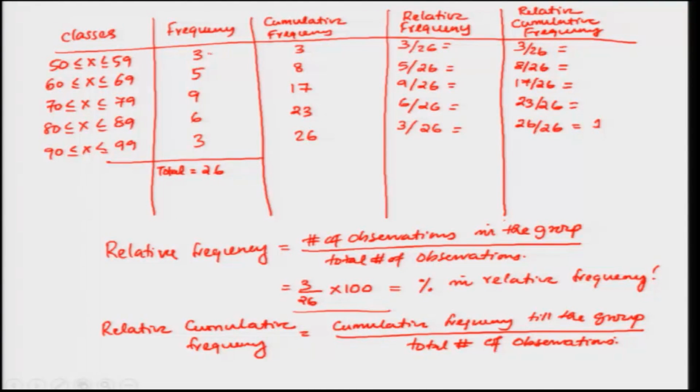It can also be converted to percentage. For example, 23 by 26 multiplied by 100 will give you the relative cumulative frequency in percentage.